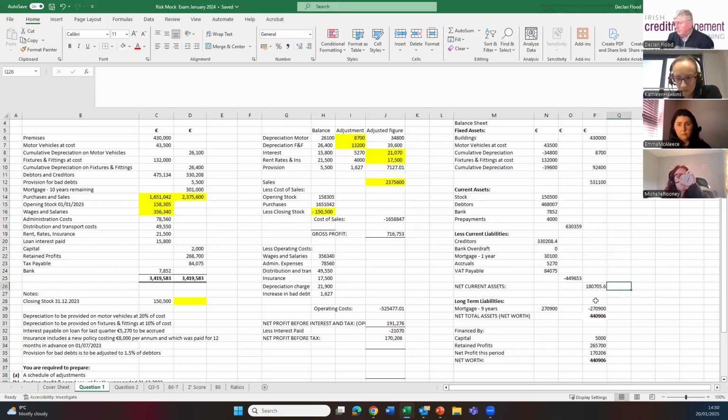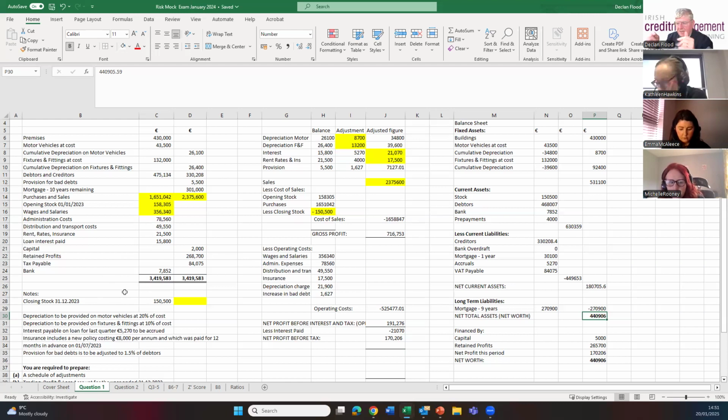Number one, if there is a difference, just subtract one number from the other to see what your difference is, and check through your P&L account and adjustments to see did you leave something out? If you can't find the number that way, then divide the difference by two.